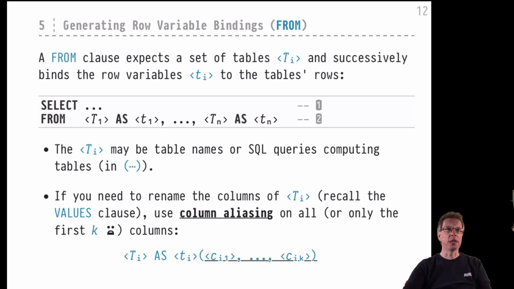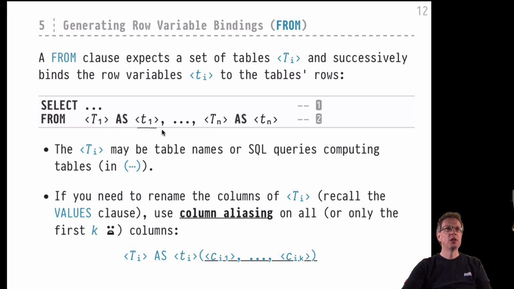row variable bindings. And the from clause has the ability to not only introduce bindings for one particular row variable, for example, row variable t1, but for a whole set of row variables. So we can introduce n row variables t1 to tn here, and they draw their bindings from their associated n tables.